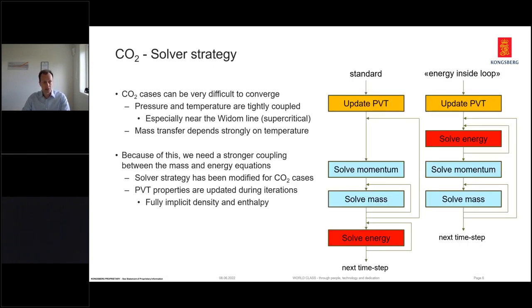In terms of solver strategy, we ran into some issues when we tried to simulate some of these experiments in the project. CO2 cases can be very difficult to converge, which is of course not really a surprise, but we found out exactly the reason why, which was quite interesting. One of the reasons we had to work a little bit on numerics was that pressure and temperature were tightly coupled. This holds especially true around the Widom line in supercritical conditions.